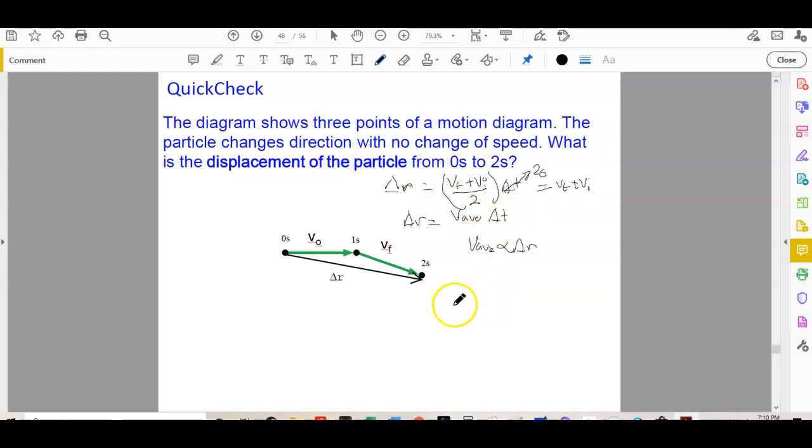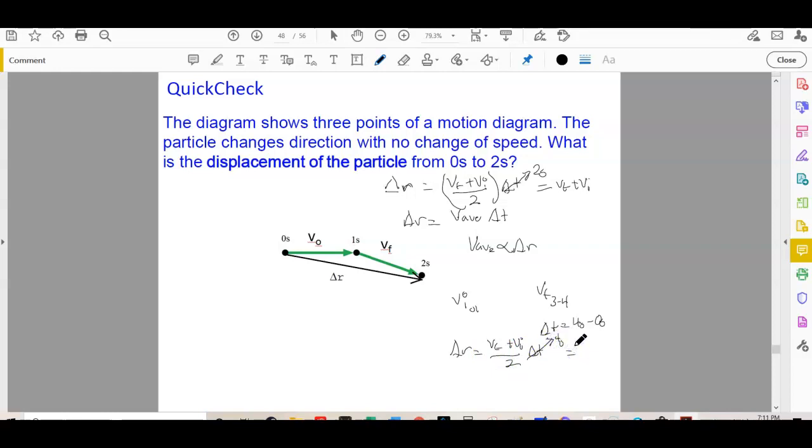However, that is not always the case, right? So what happens if your initial velocity vector is given from the 0 to 1 second mark, and you have a final velocity vector from the 3 to 4 second mark? Well, now your delta t is going to be 4 seconds minus 0 seconds. So your delta r is going to be equal to v final plus v initial over 2, times that delta t, which is 4 seconds.